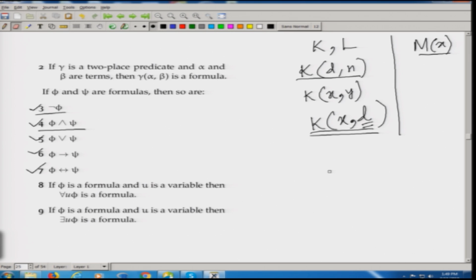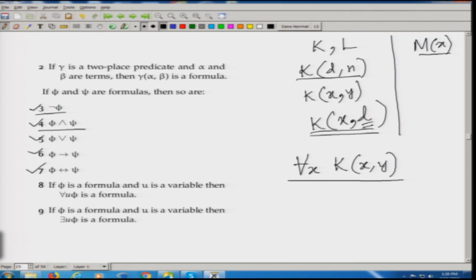Suppose I construct K x y. If this is a formula, then I can all the time use it if u is a variable. So x is a variable, this is a formula then.